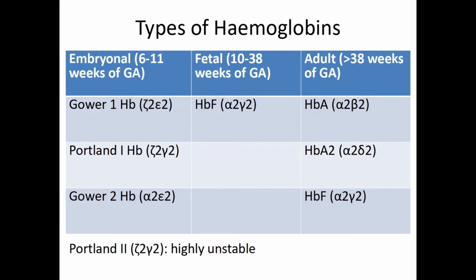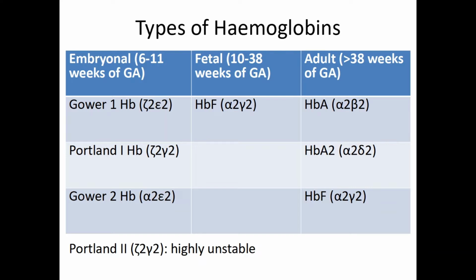So in the transition, we note that from zeta globin chains, it has changed over to alpha globin chains, which is there starting from the late stage of embryonal period and persists till the adult period. Why I am stressing upon this point is that if at all there is a disease which affects alpha globin chains, the presentation will start from the embryonal period, because embryonal period in the later stages itself there is alpha chains.